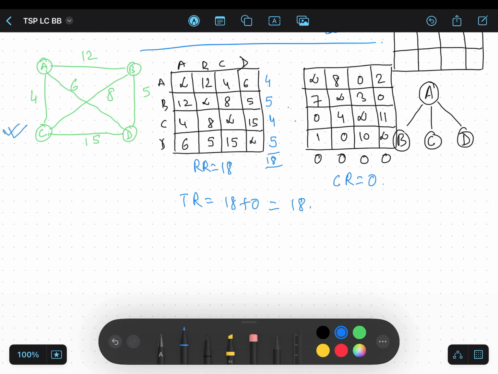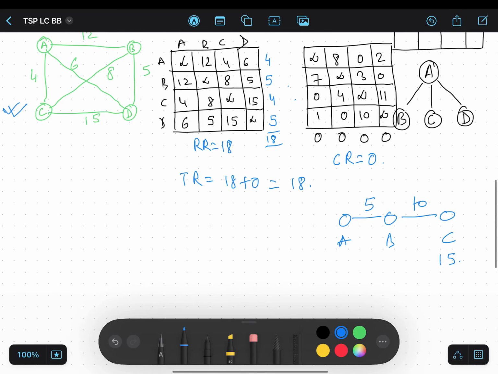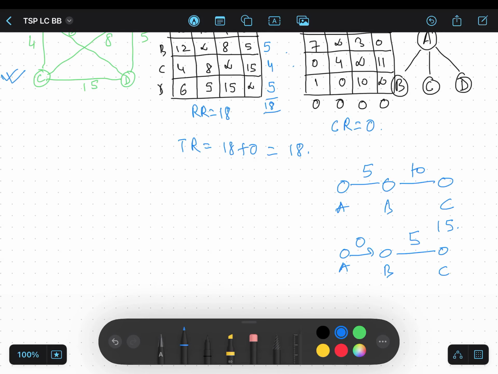Let me give you an example. A, B, C. So going from A to B is going to take 15. Now, if I reduce this by the minimum edge, which is 5, and make the graph like this, and I say that the total reduction was, I reduced 5 here and 5 here, which is 10.